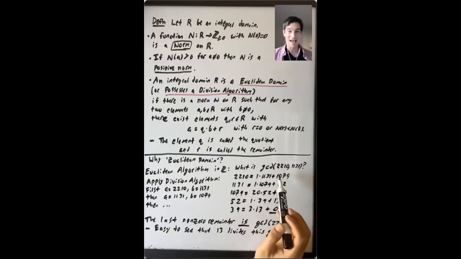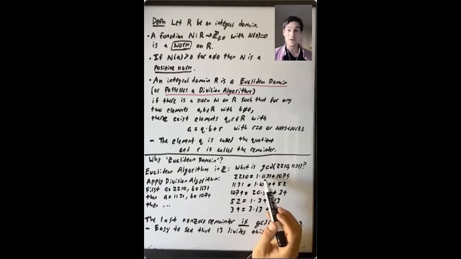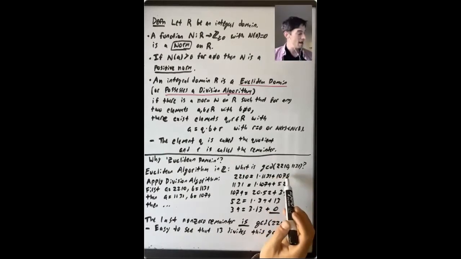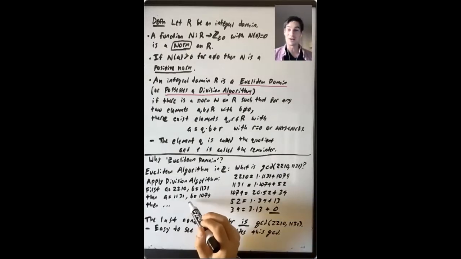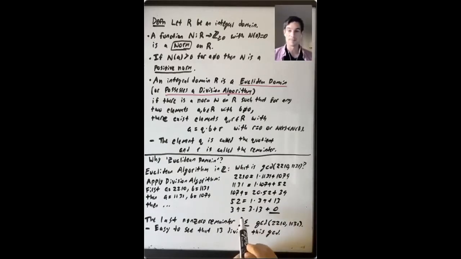Now we're going to apply it again, with A equal to what used to be called B, 1131, and B equal to what used to be the remainder, 1079. 1131 is 1 times 1079 plus 52. Now we apply the division algorithm again, where A is what used to be called B, and B is what used to be the remainder. 1079 is 20 times 52 plus 39.